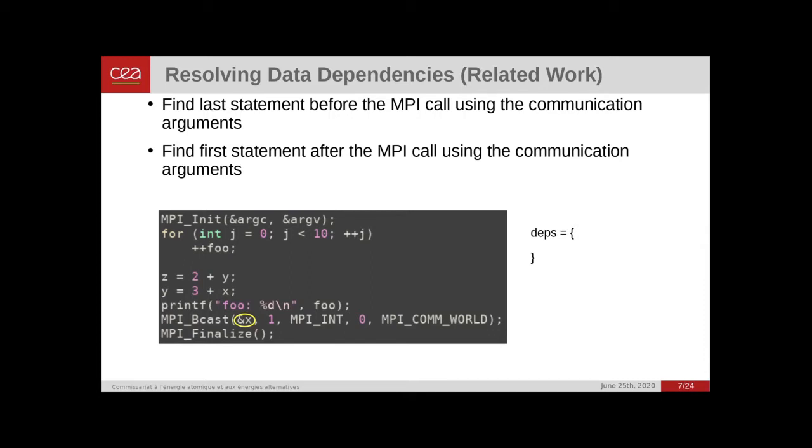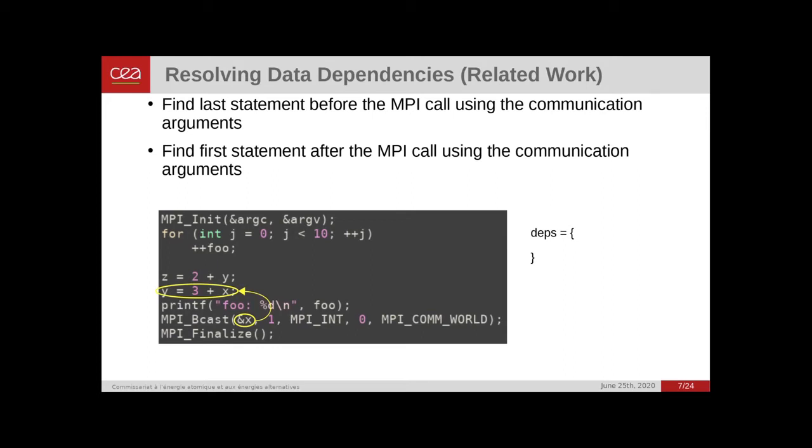So here you have a simple example with an MPI_Bcast call, a blocking Bcast call, and we are going to find the nearest statement that is using that X value. In this example, we will end up with the y equal to triple x statement, because it uses the X value as it was before the communication, as it was before the Bcast.